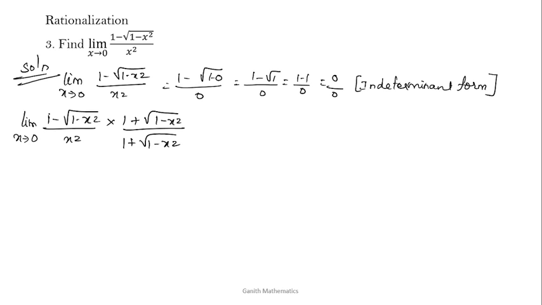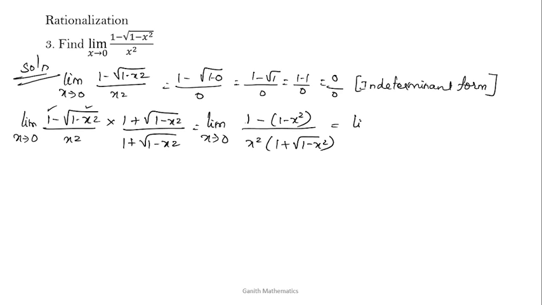(1 plus square root of 1 minus x square) divided by (1 plus square root of 1 minus x square). So it is a minus b into a plus b, which is a square minus b square, divided by x square into (1 plus square root of 1 minus x square). See that this is my a and this is my b. So a square, 1 square will be 1 alone, and b square, when I square the square root, that will get cancelled.